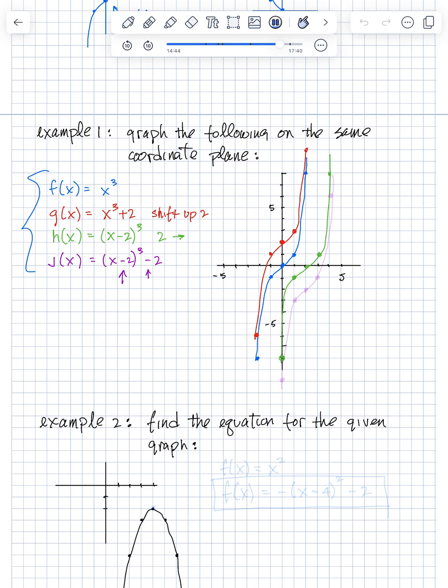So starting at the bottom blue one, to the right 2, down 2. Next one up, right 2, down 2. And the origin, to the right 2 and down 2. This one to the right 2, down 2. And finally, we have that. So now we can draw the purple one.